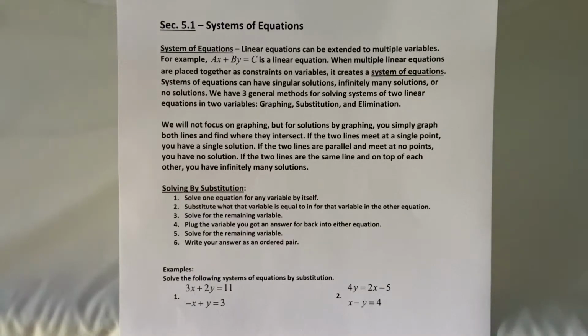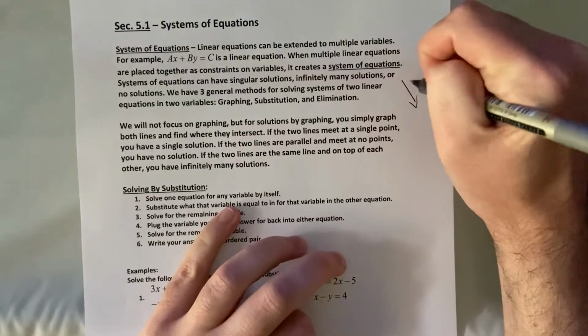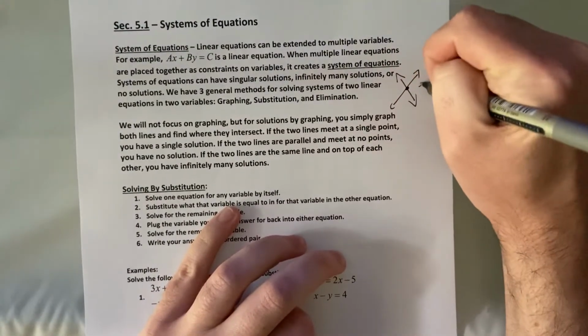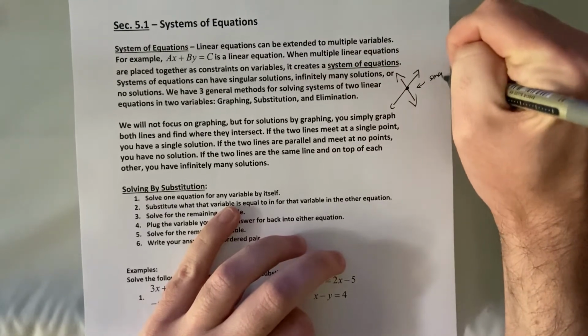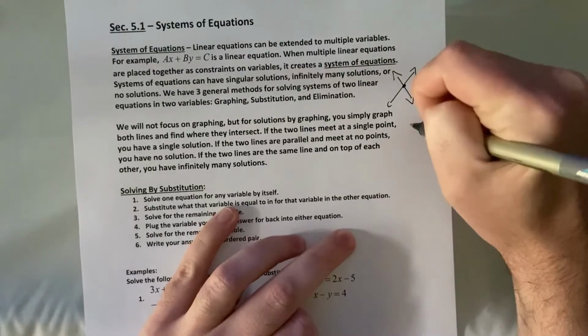There are 3 solutions: graphing, substitution, and elimination. We are not going to focus on graphing. Generally speaking, graphing, if it's 2 lines, it will either cross like this at a single point, so a single solution, or the 2 lines could be parallel.